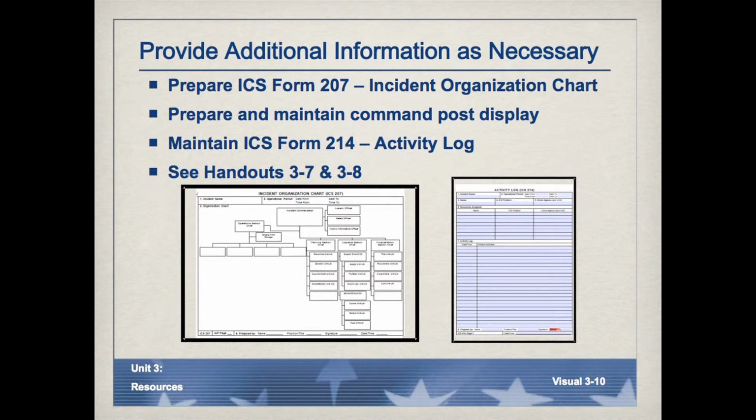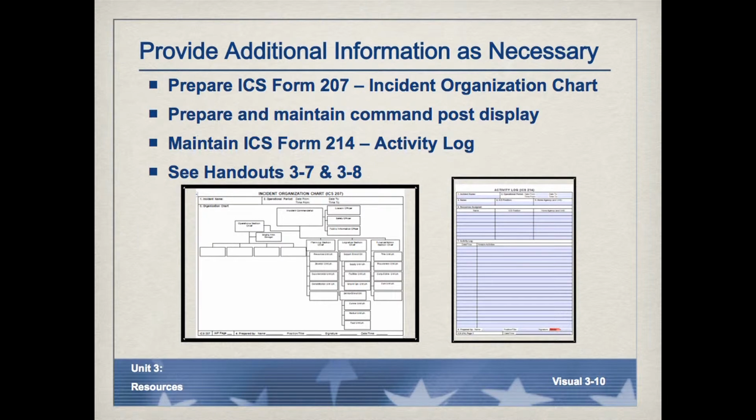Another form is the Form 214, which is the activity log. This form is used to record the details of unit activities, including strike team activities. The file of these logs provides a basic reference from which to extract information for inclusion in any after-action reports. It is also initiated and maintained by command staff members, division and group supervisors, air operations group, strike team and task force leaders, and unit leaders.